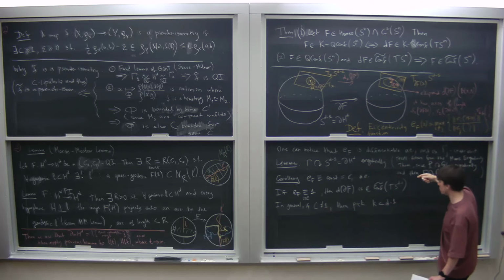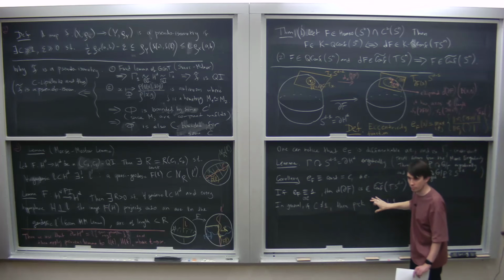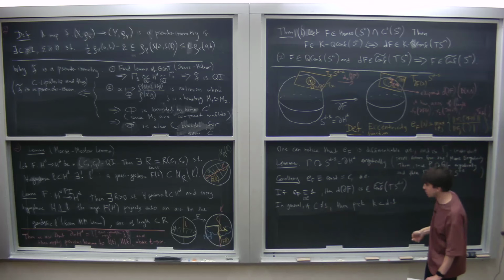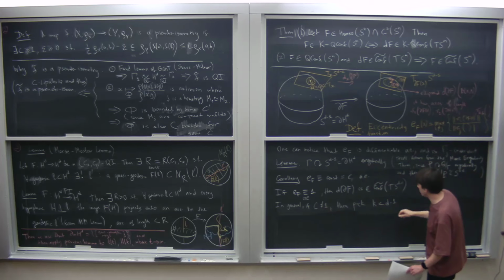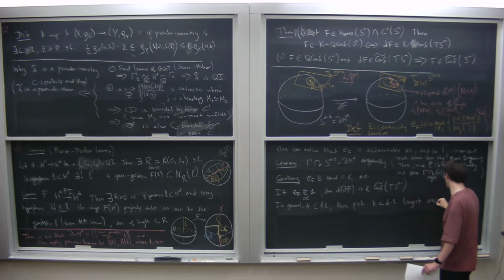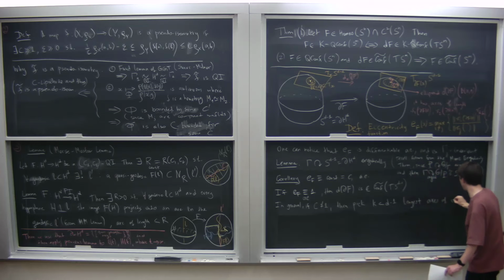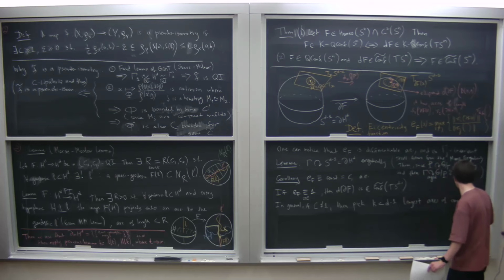So I choose some number of longer ones. We know that they're not all equal to each other, so this number should be strictly less than D minus 1. Then pick K less than D minus 1 longest axes of our ellipsoid.